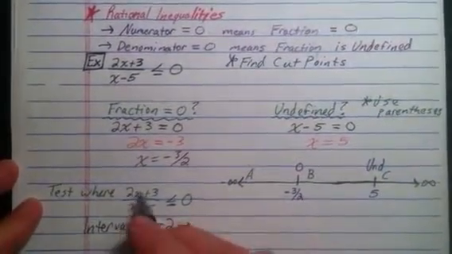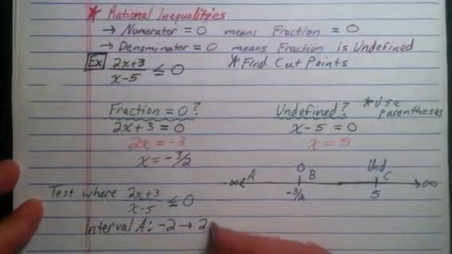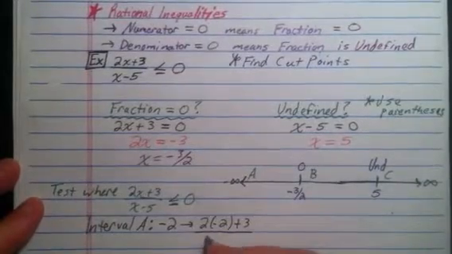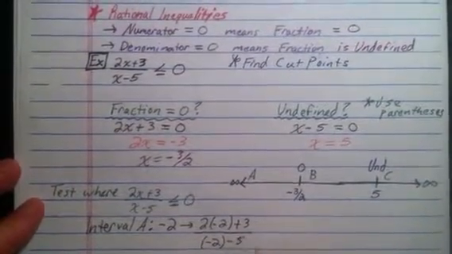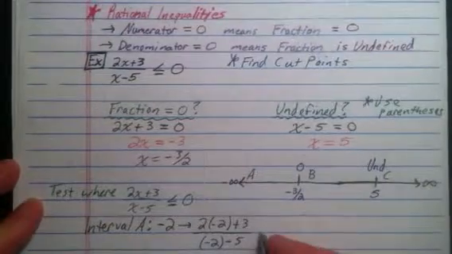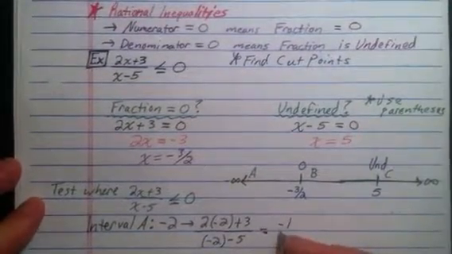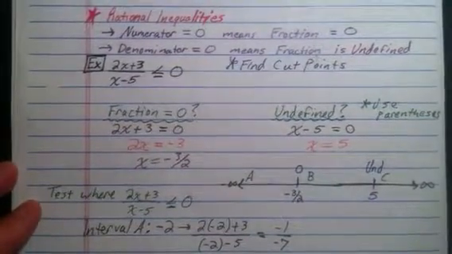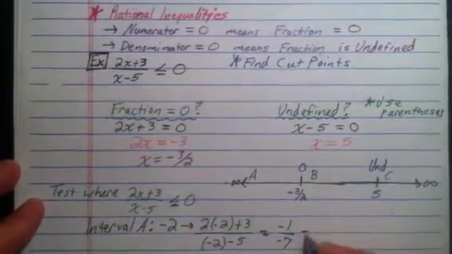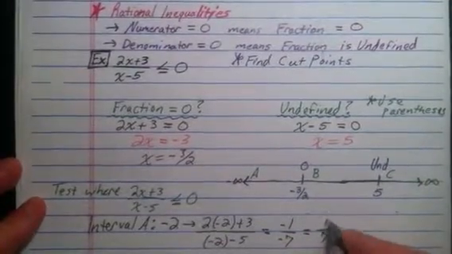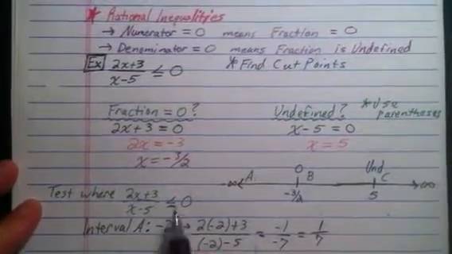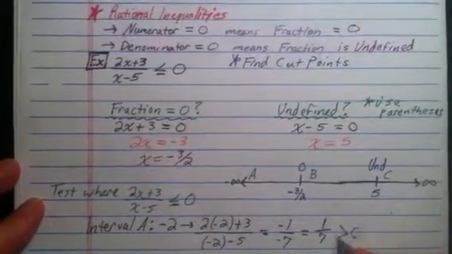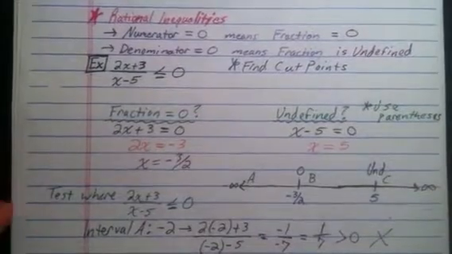So let's plug in -2 into that fraction. For x, we have 2 times -2 plus 3 all over -2 minus 5. That will give us a -1 over a -7 when we simplify. And that actually reduces to +1/7. So to answer our inequality, we're looking for when is it less than or equal to 0? Well, that's positive, so that's greater than 0. So region A is not part of our solution.